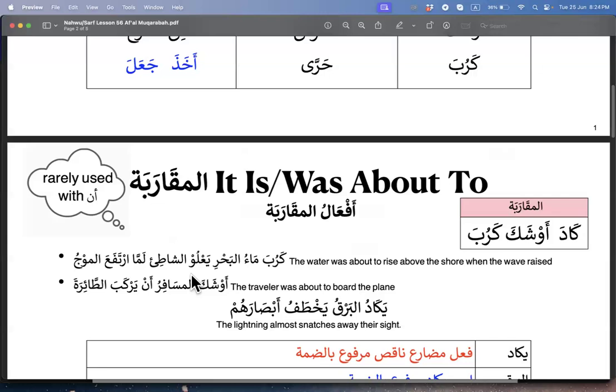So this is nakis. So is it marfu, mansub, or majzoom? Think about a word that ends like this: da'a, yad'u.